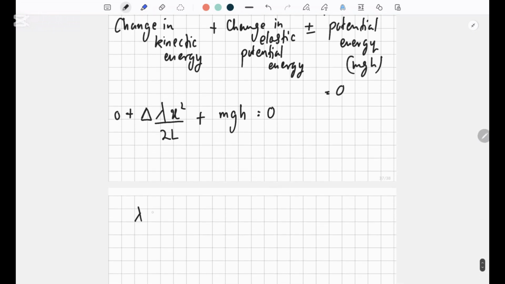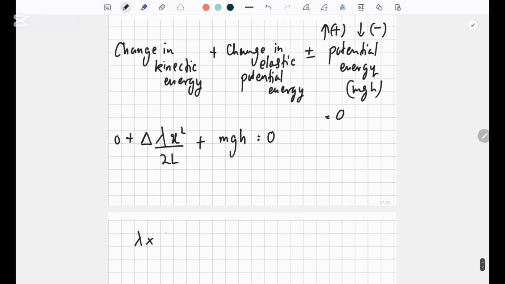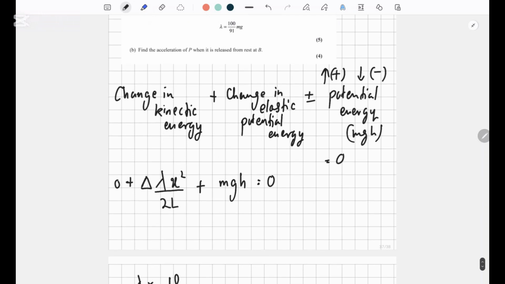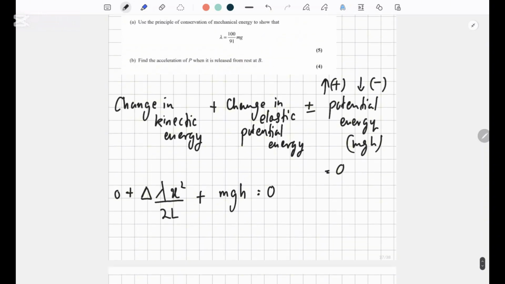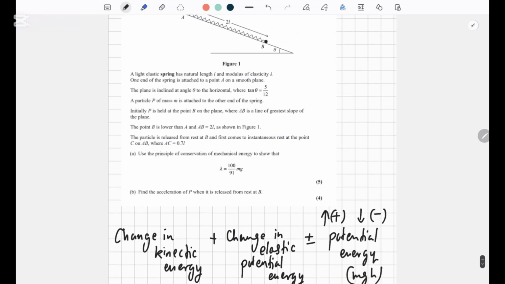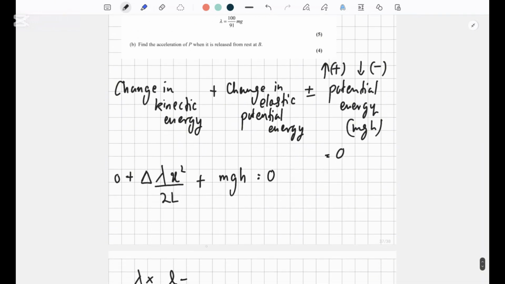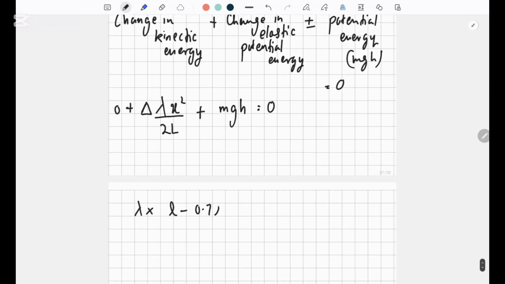So it's going to be lambda into x, where x is 0.7L minus the natural length L. So you can write L minus 0.7L, squared, over 2L, that's lambda final.